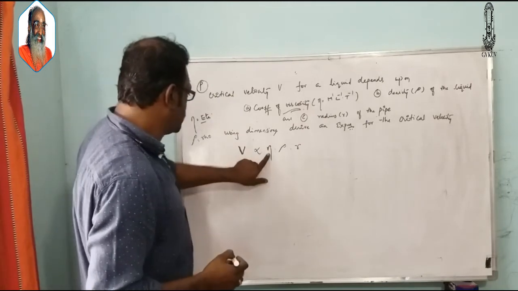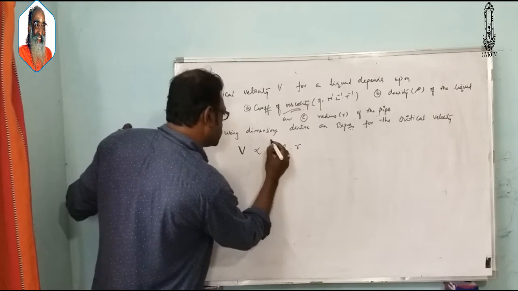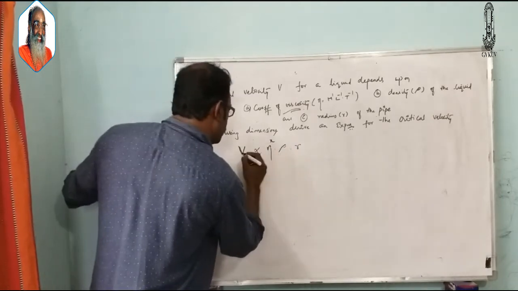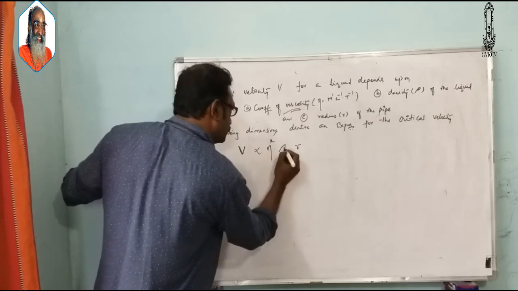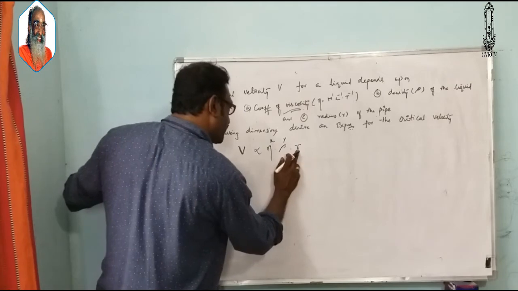How it is depending we don't know, so I will make it as x. And how this velocity depends upon rho we don't know, so I will make it as y. And how this depends upon radius we don't know.